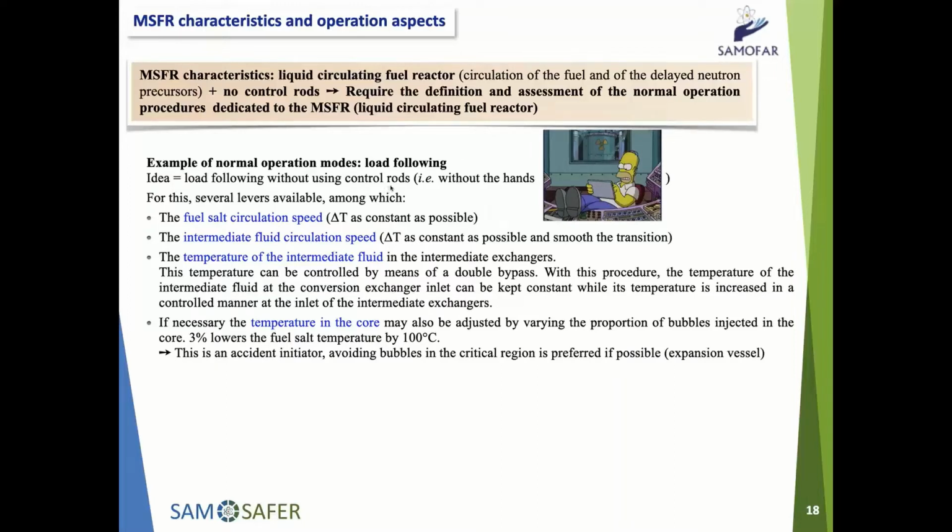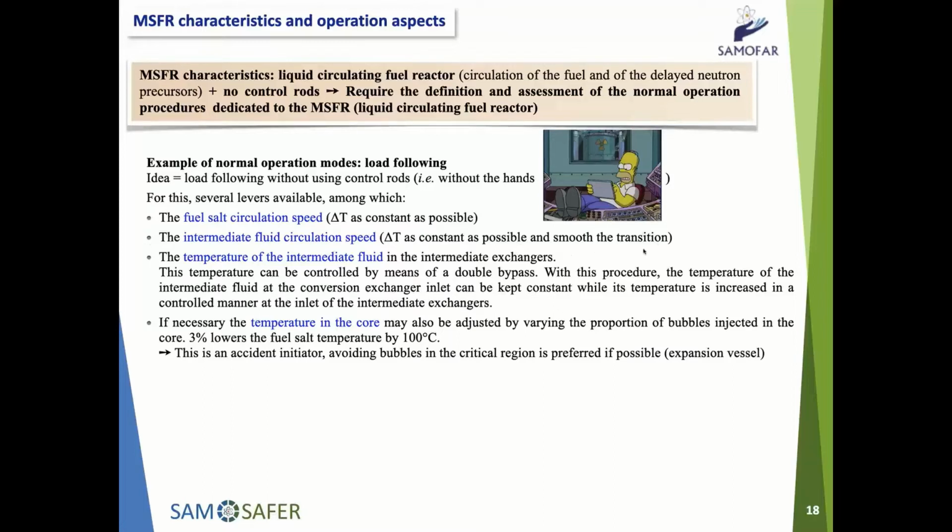So the idea is to use only the neutronic feedbacks, and thanks to those feedbacks, if we stop the heat extraction, spontaneously the core is going to decrease the power, but the temperatures are going to change. Then the idea will be to control the fuel salt circulation speed to maintain the temperature variation inside the fuel loop, and to do the same also on the intermediate circuits.